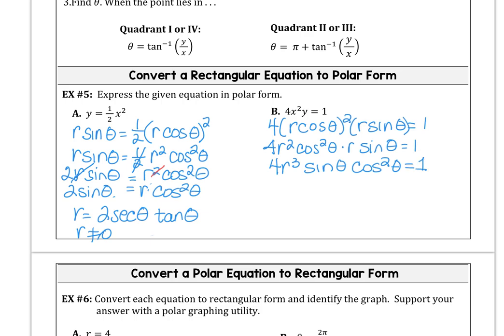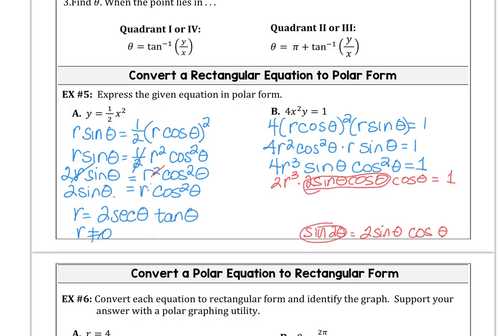We could stop there, but we also know that sine of 2 theta is 2 sine theta cosine theta, and then we could rewrite 2r cubed times 2 sine theta cosine theta cosine theta, and here's 2 sine theta cosine theta is sine 2 theta.